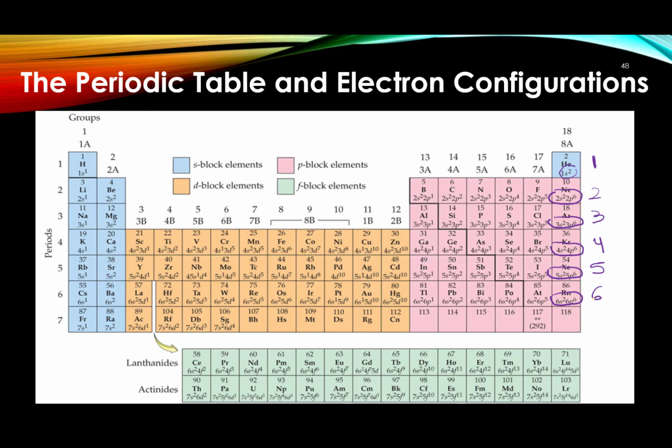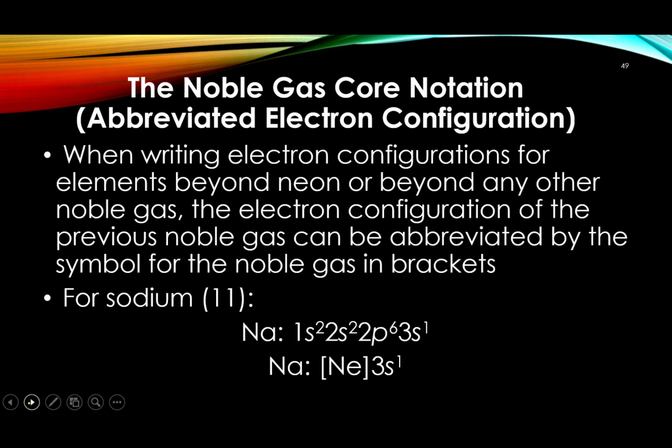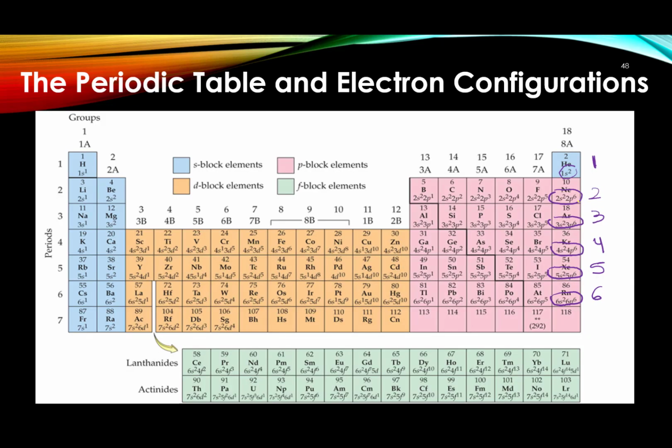Then when you are using the shorthand noble gas notation, you always look at the noble gas that comes before that element. If it's a metal, non-metal, transition metal, it doesn't matter, okay? Now if I go back to my example, look at sodium. Up to here, 2s2, 2p6, which one is it?